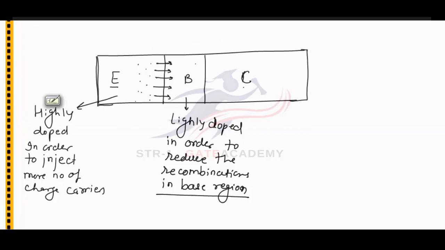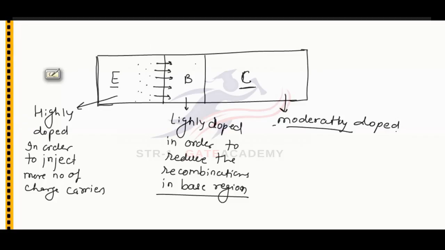And there are some reasons for moderate doping of the collector region, but they are not that important. So we will just say that the collector region is moderately doped.